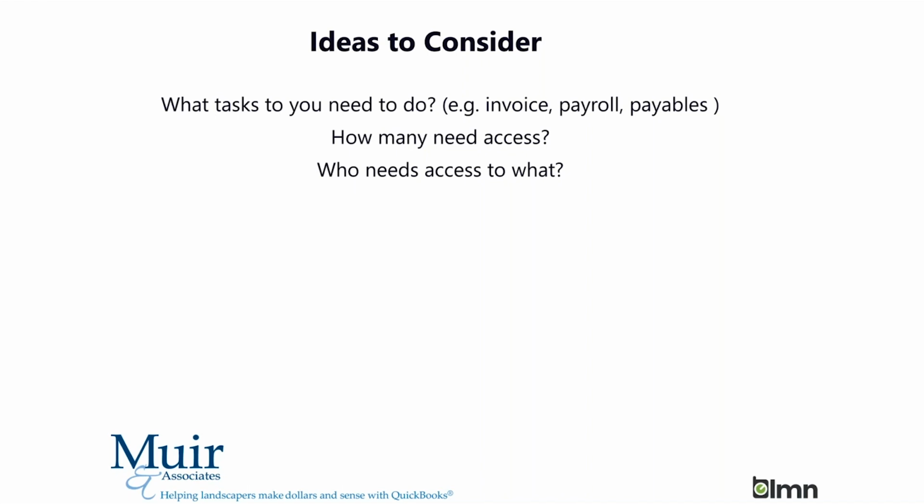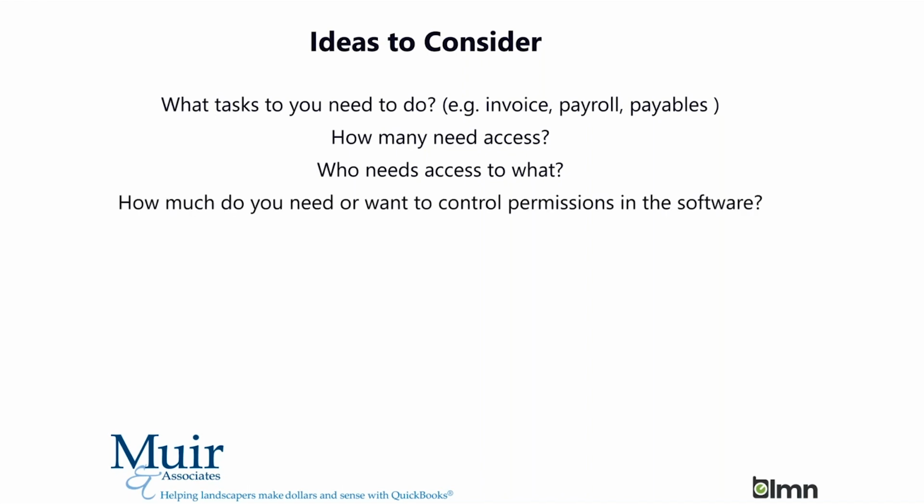But what do they really need access to? And sometimes it's, do they need access to QuickBooks? And if so, what part? If you give them access to QuickBooks, how much do you need or want to control permission, what they can do when they get in the software? And obviously, the more people who have access to QuickBooks, the more you want to be able to control who can do what, who can see what.